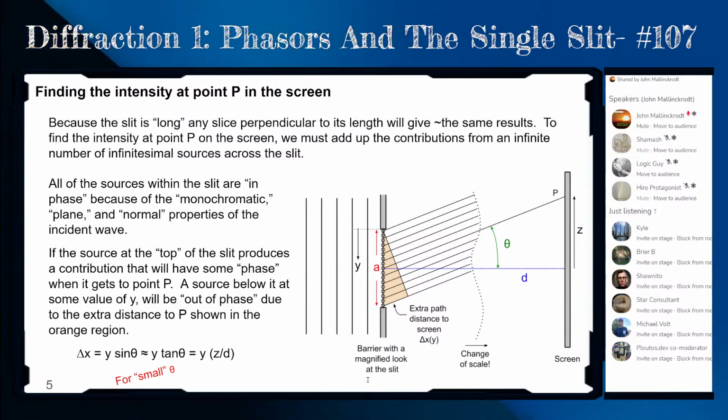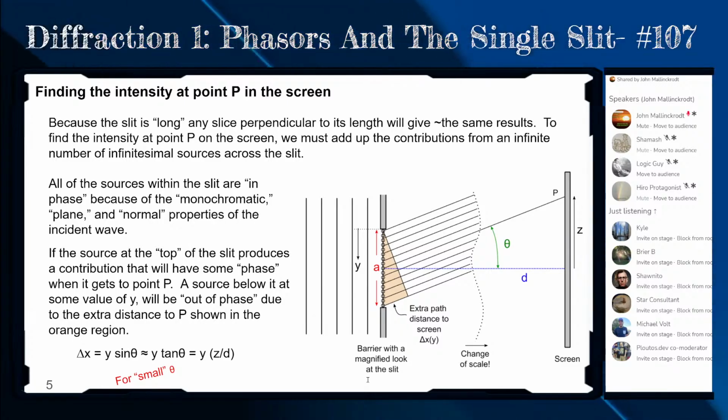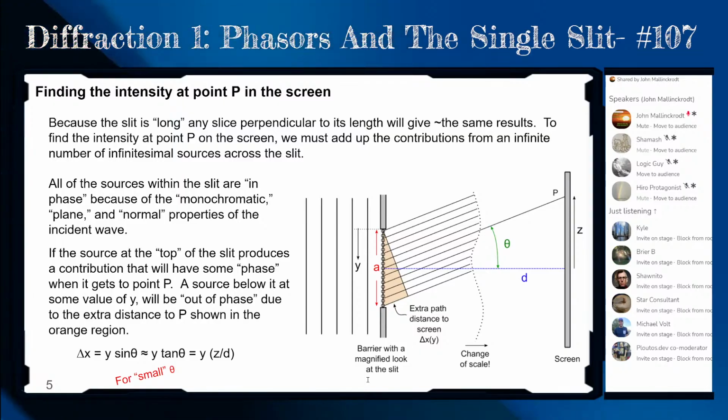So on the left side of this diagram, we're looking at a microscopic view of the light or the wave coming in, the aperture, and all of the little sources that I talked about before that are now contributing light to the point P along the path to P. And all of those paths are basically parallel because it's so far to P.